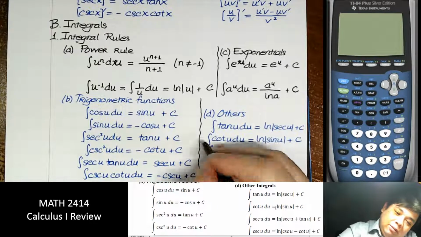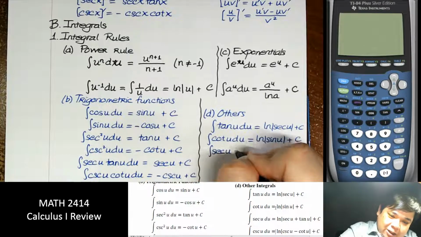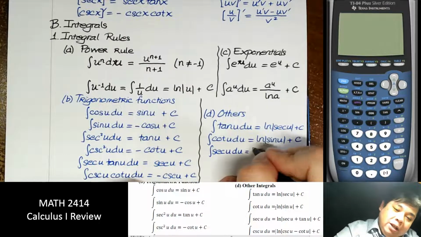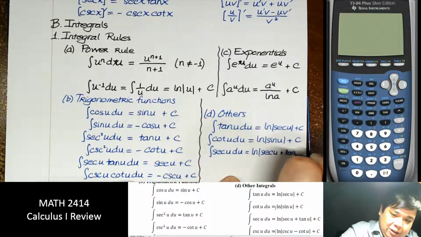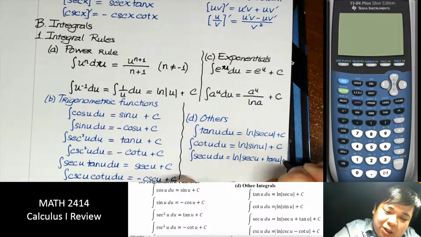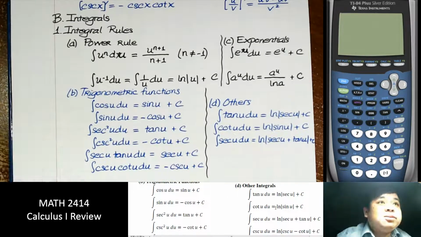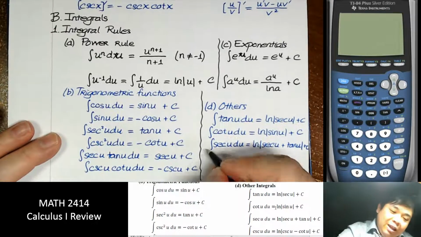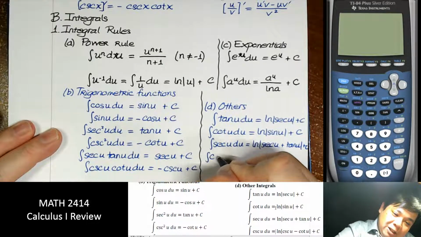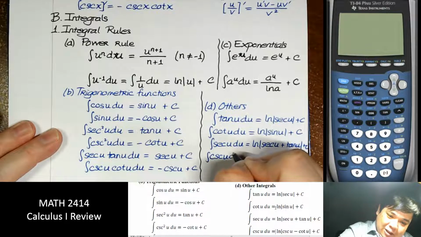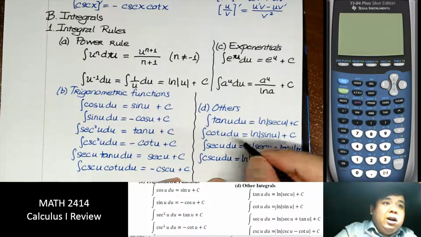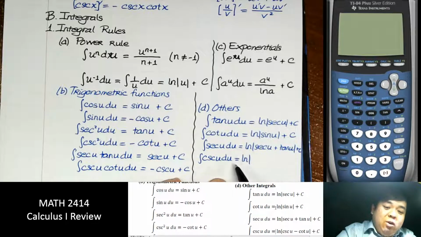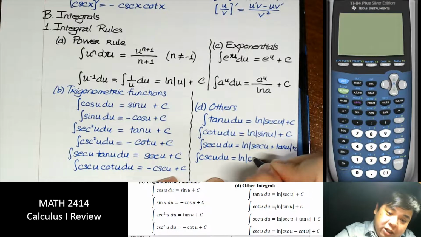Integral of secant is ln of secant plus tangent, plus c. And then cosecant is ln. Actually, it could be negative ln of cosecant plus cotangent, but we write a conjugate.